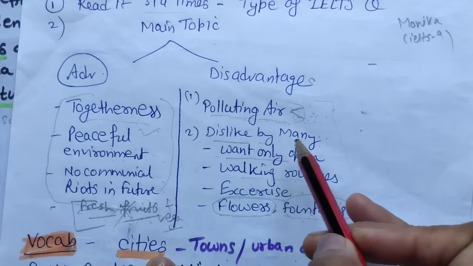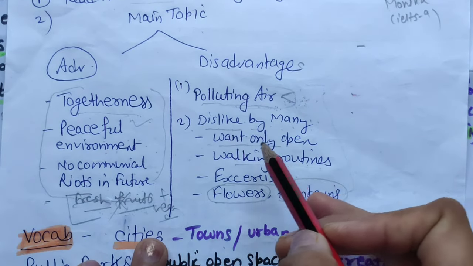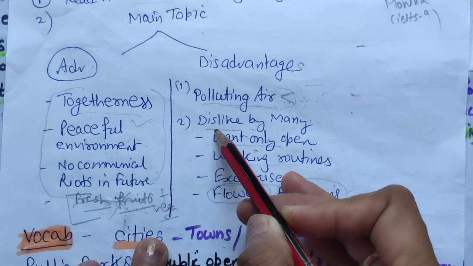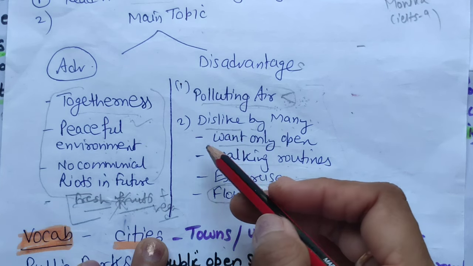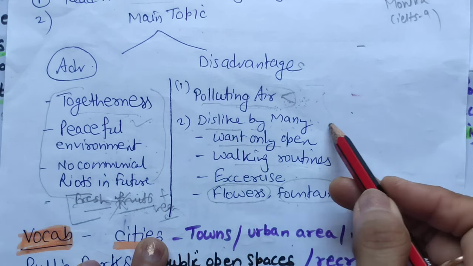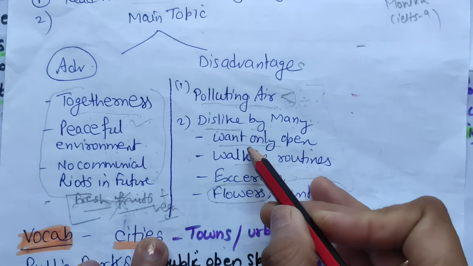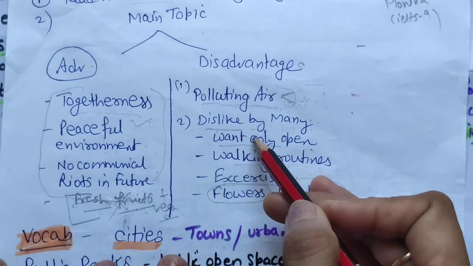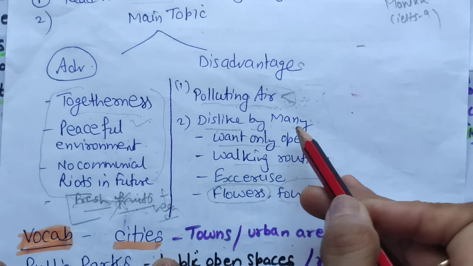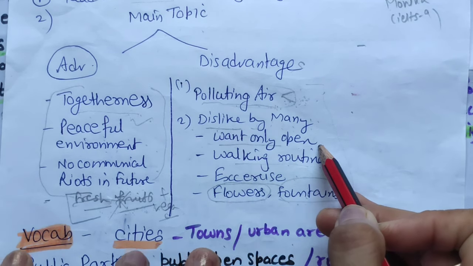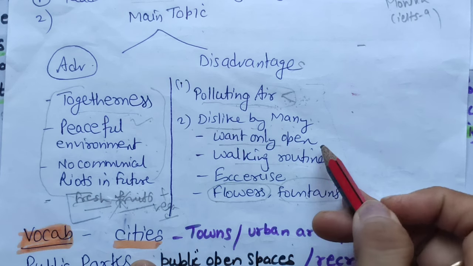And the second important disadvantage, according to me; you can frame your own. Some people in cities are more allergic and don't like to play with soil, and they may dislike these things. They will say this is farmers' work, and those who like to play with soil can go. They want only open spaces where they can spend some time freely.